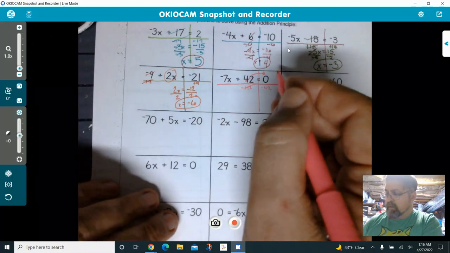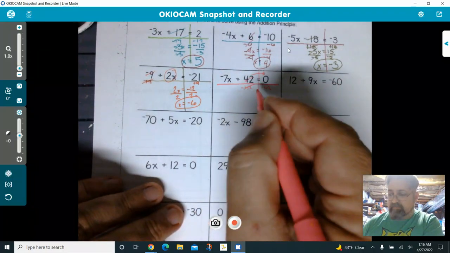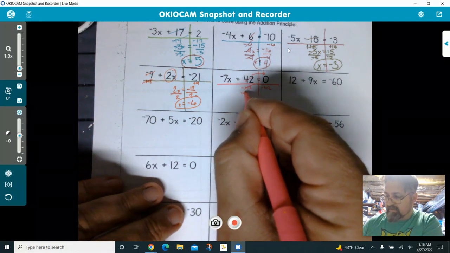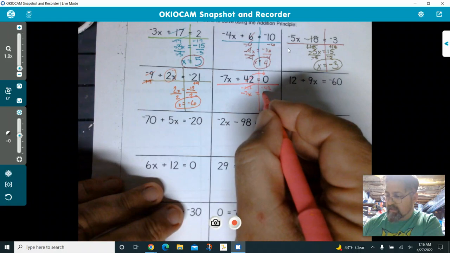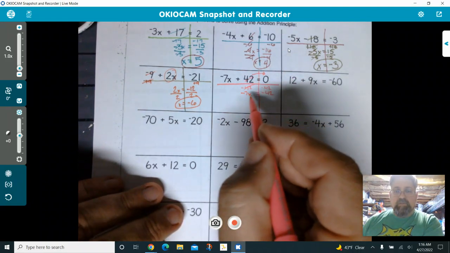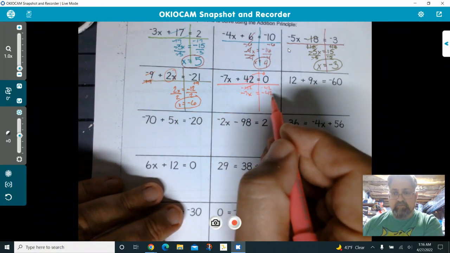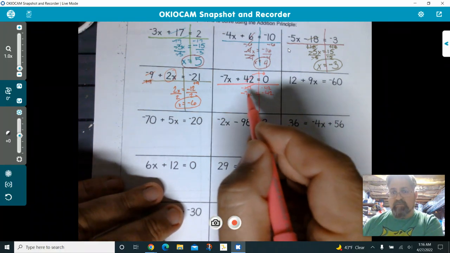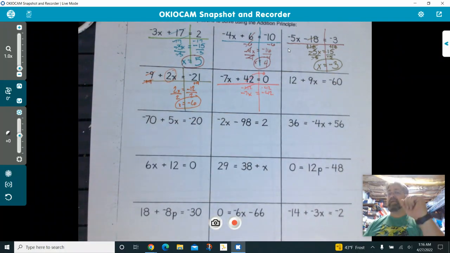Okay. So now we have negative 7x, the only thing left over here, right? Negative 7x equals negative 42. So negative 7 times this number gives me this. So if negative 7 times, I have to do the opposite of times, which is what, Taylor?